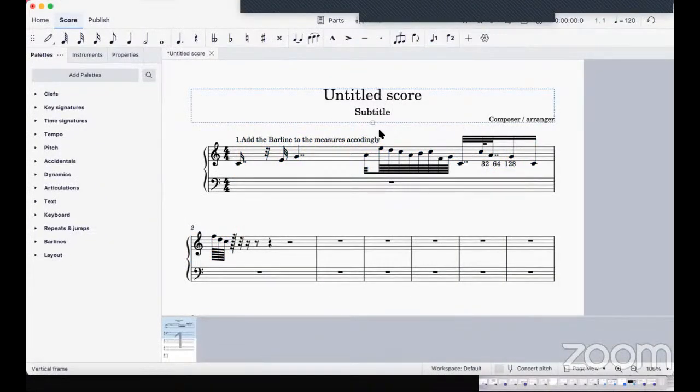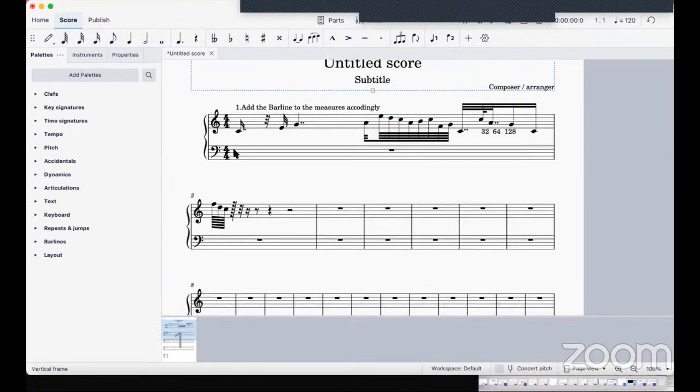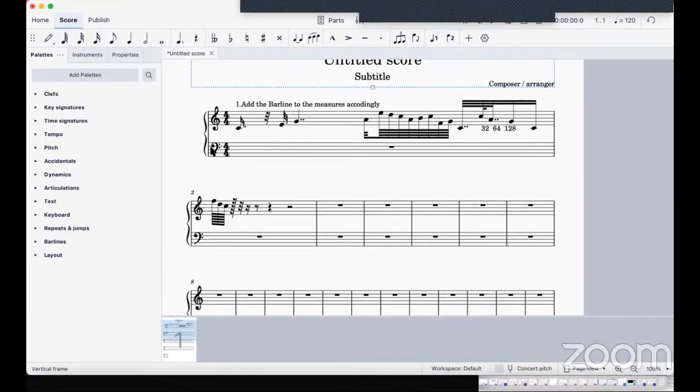Just make it more clear here, okay? Let's translate. We're going to translate now those dots.